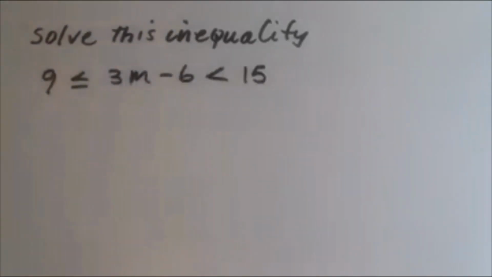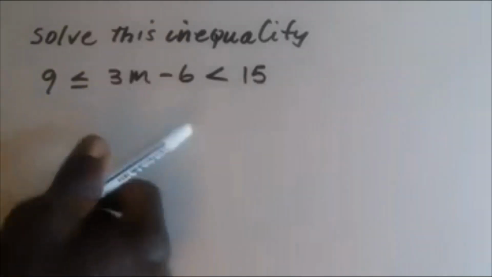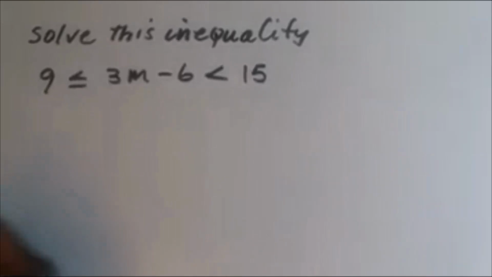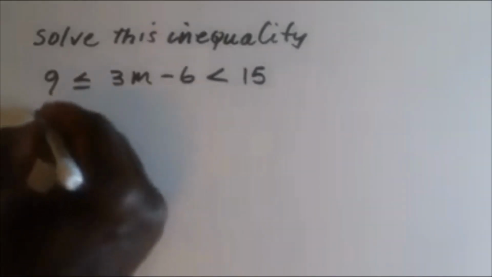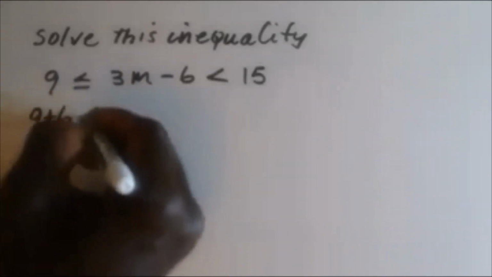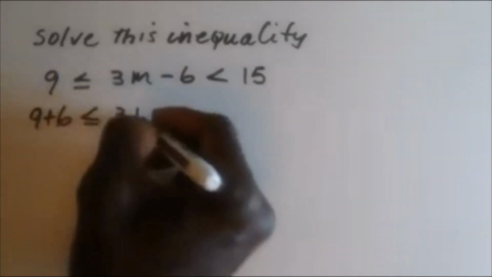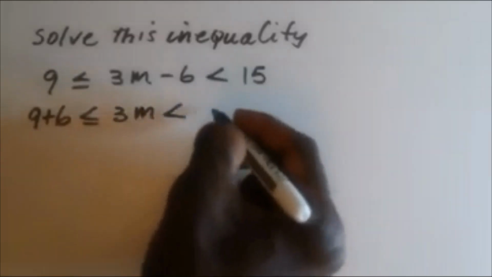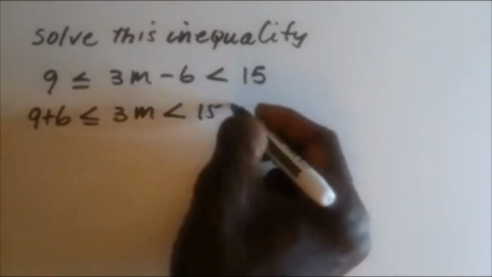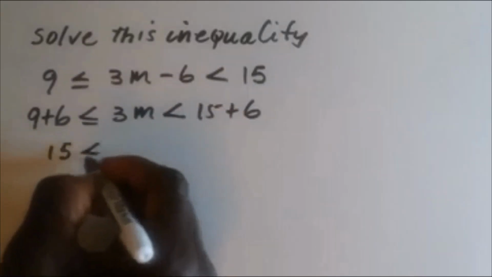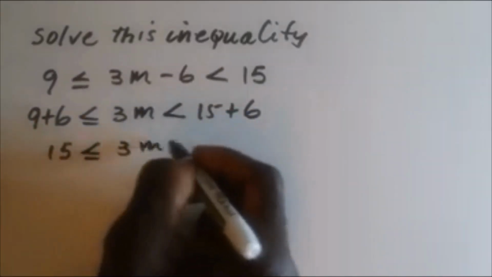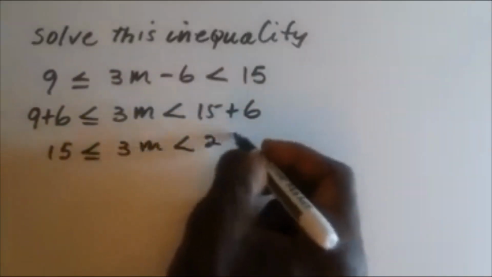What about this one? We want to solve for m. First we'll get rid of the -6 by adding 6 to both ends of this inequality. So we have 9 add 6 less than or equal to 3m is less than 15 add 6. It's 15 is less than or equal to 3m less than 21.